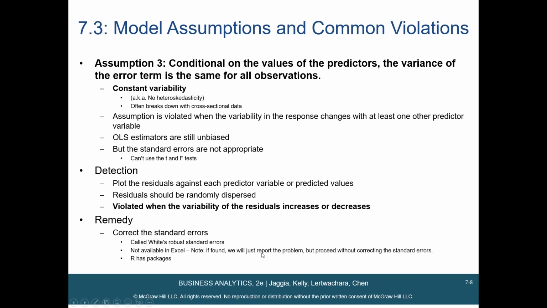So if we find this, we just have to report the problem. And then for your task 3 work, if this is something you find, you want to report it, you want to talk about it, but you're going to have to proceed without correcting for the standard errors, unfortunately. R, the software language R, has packages that will correct this for you.